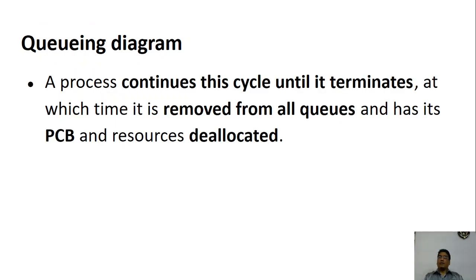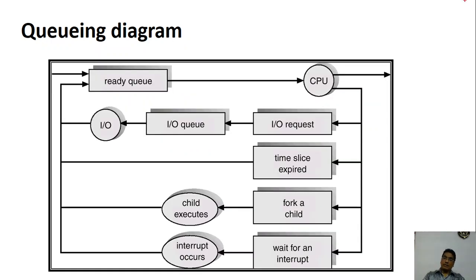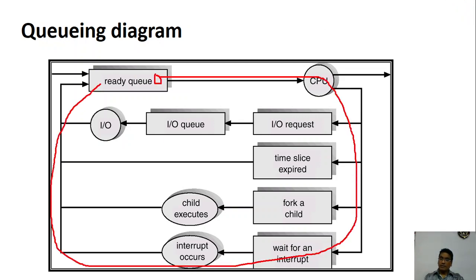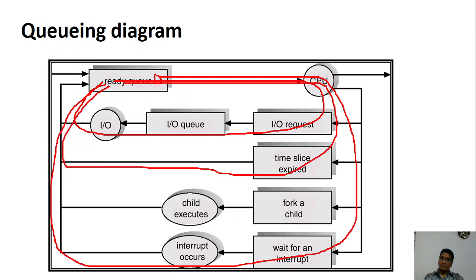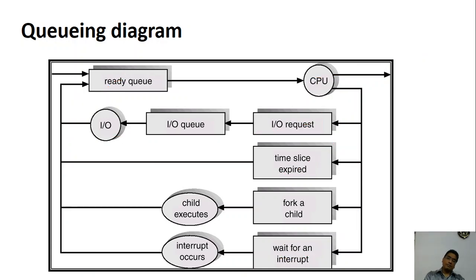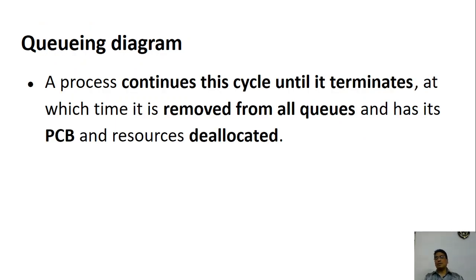Now we know very well this particular cycle that we see here: putting it into a queue and then going back and coming back to the queue, and again executing, and this will continue until at one particular point it will simply exit when everything has been completed, when the instructions have been executed.